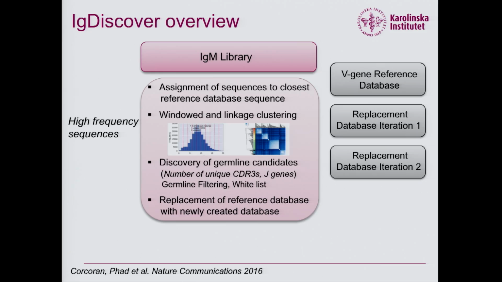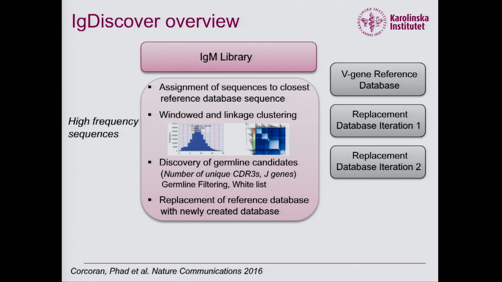And those have to be recombined with a certain number of unique CDR3s to pass our germline filter. So, several hundred identical sequences that are recombined with many unique CDR3s. That is indicative of a germline sequence. If it's not recombined with many different HCDR3s, it could be a clonally expanded, mutated IgM memory.